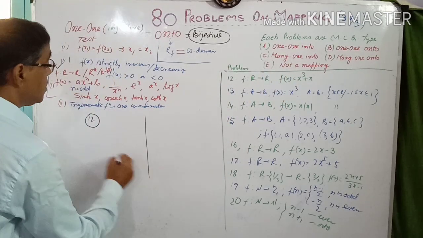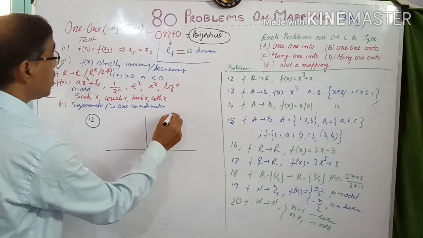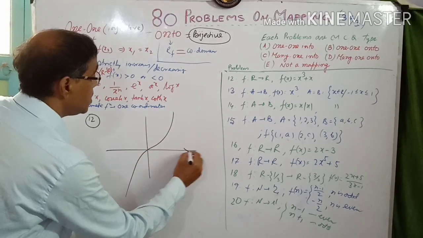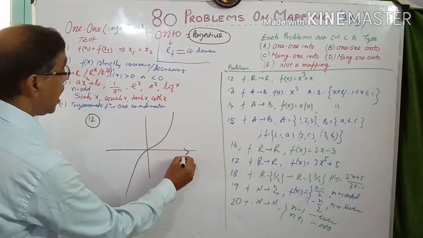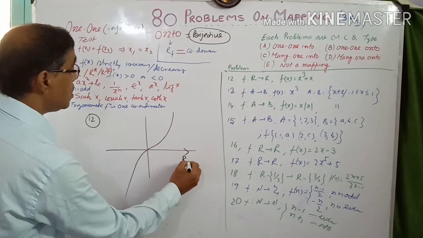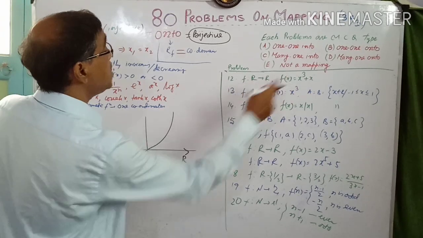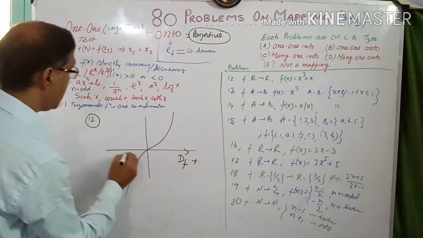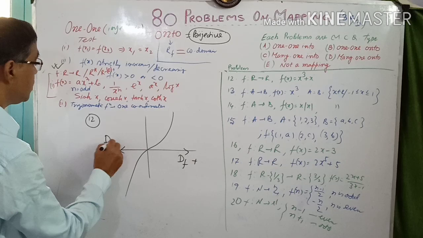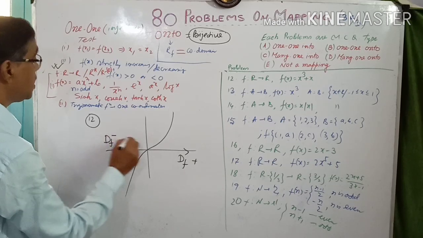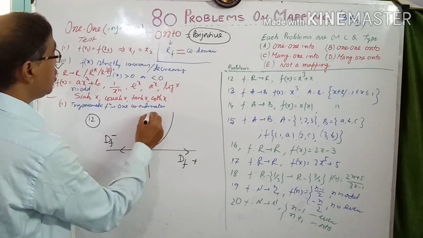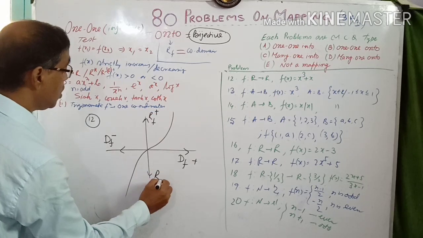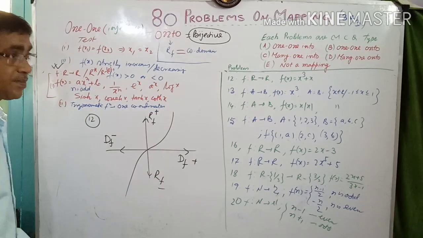Suppose the known curve, if you draw this curve, is of the form this. Here, this represents the domain of positive side, and this side is the domain of negative side. This is the range of positive side, and this is the range of negative side.